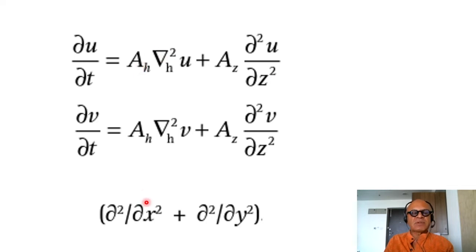Of course, this is a Laplacian operator del squared del x squared plus del squared del y squared, and we have seen these expressions before. And as we said before, the horizontal eddy viscosities tend to be orders of magnitude different than vertical eddy viscosities, as we will see again later, but you can also look that up.